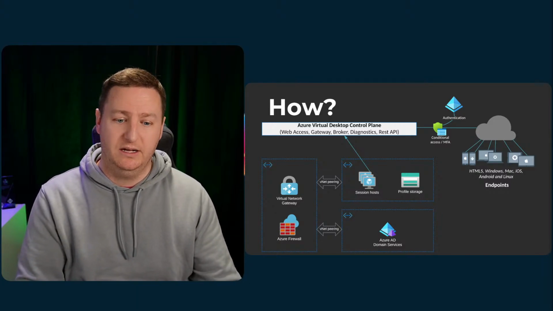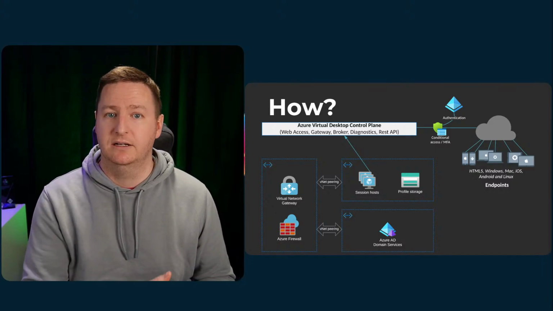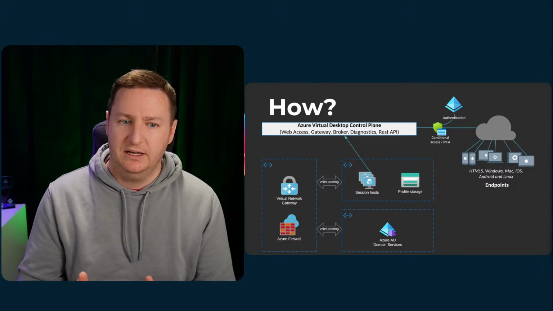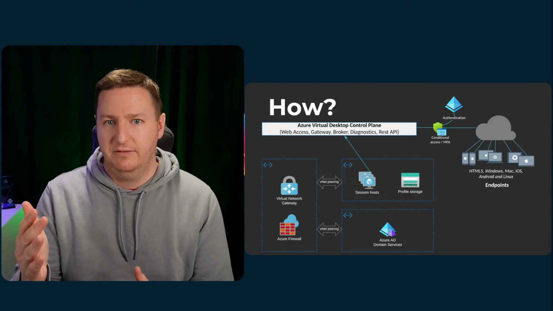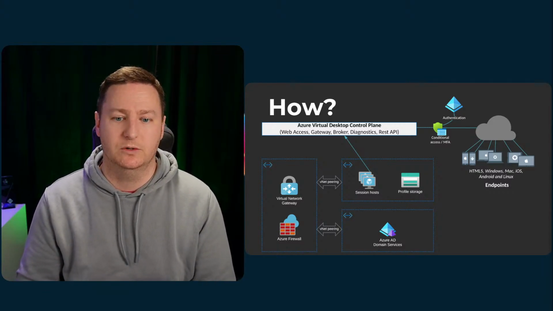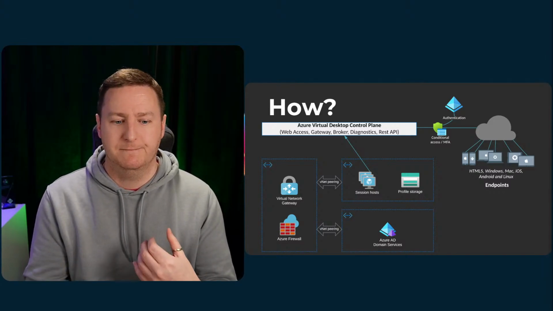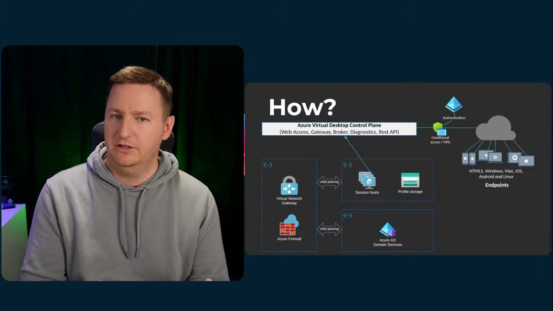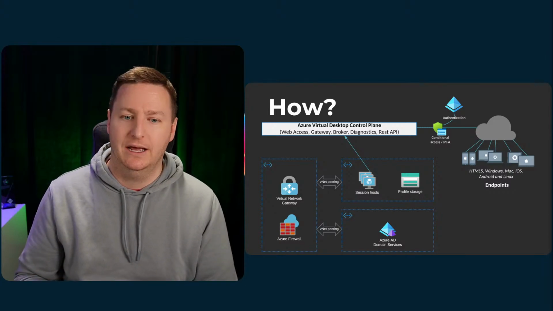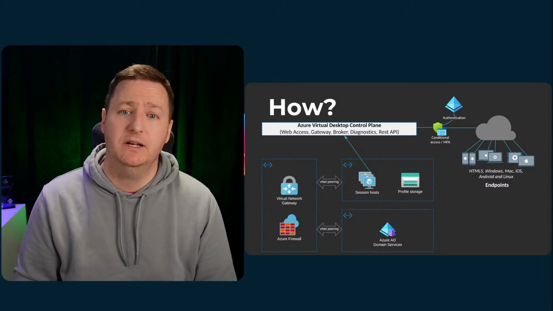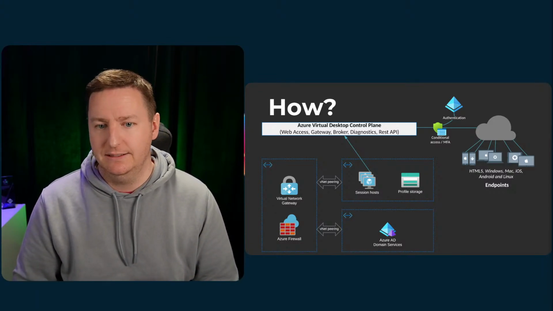And by that, you can use the session host to access resources on your on-prem environment. But other than that, from the control plane and out, everything is still the same as it was in the last scenario. So this exemplifies how Azure Virtual Desktop can be in a simple scenario and a bit more complex scenario. This is by no means the most complex you can do, but it is a decent example.